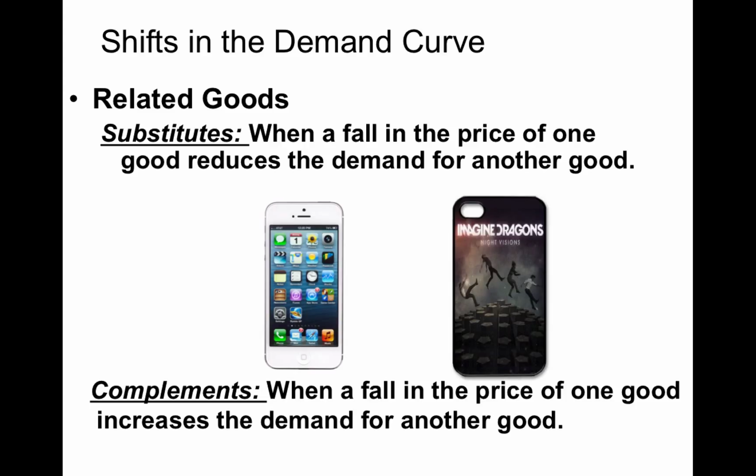Or you can think of a hot dog and a hot dog bun, a car and gas, computers and software. Those are all complements. So if iPhones are a lot cheaper, it doesn't matter what happens to the price of cases. You're probably going to have to buy a case. The price of cases could remain constant, and there'd be a bigger demand for them because the iPhone's cheaper. That's what complements do, because you buy them together.